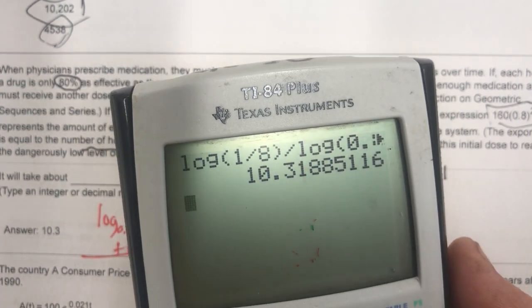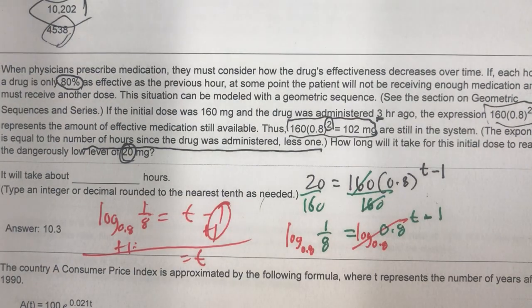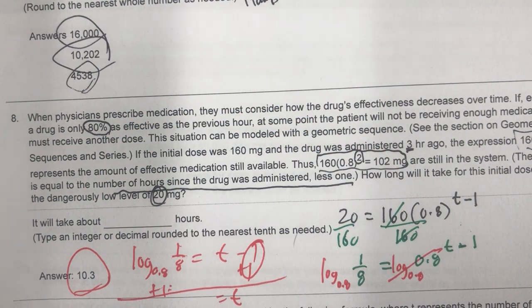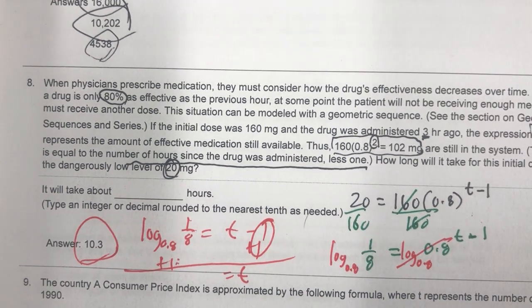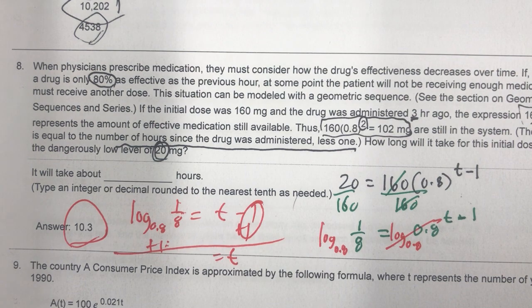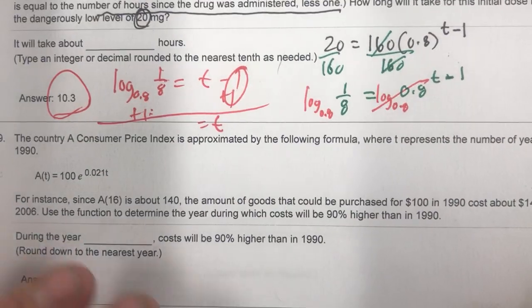It should be there at 10.31. Well, it says 10.3 right there. Round it to the nearest tenth. Number 9.